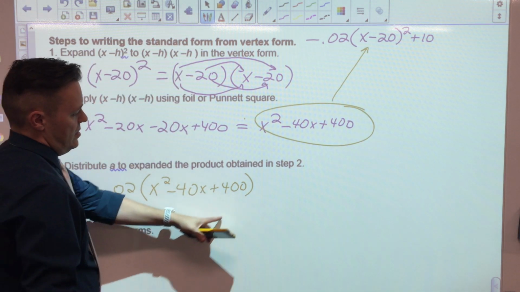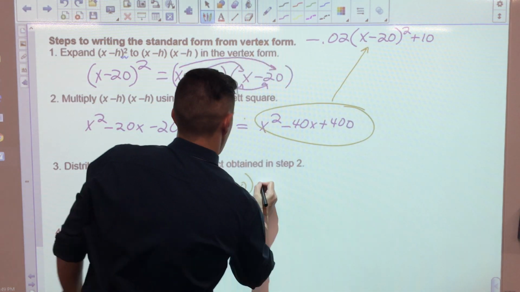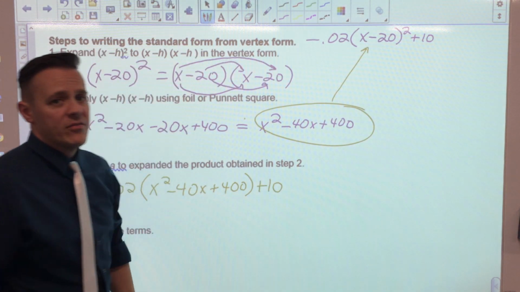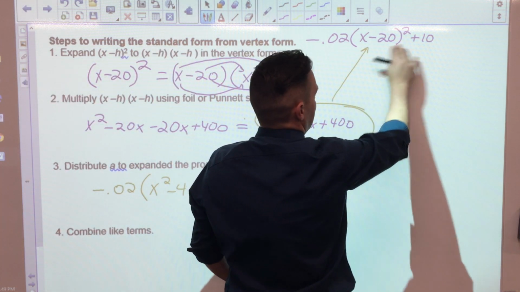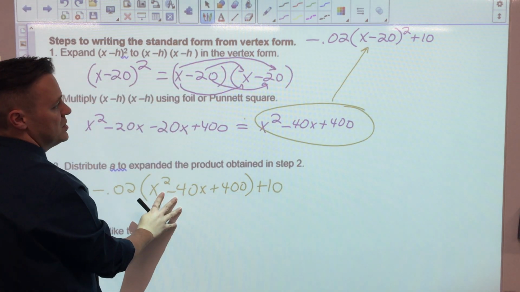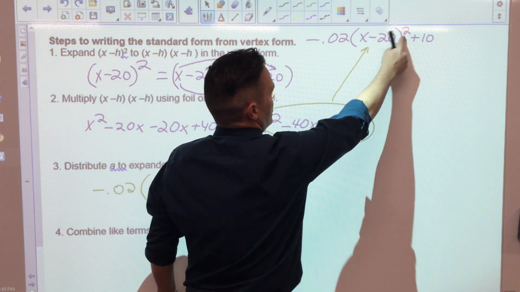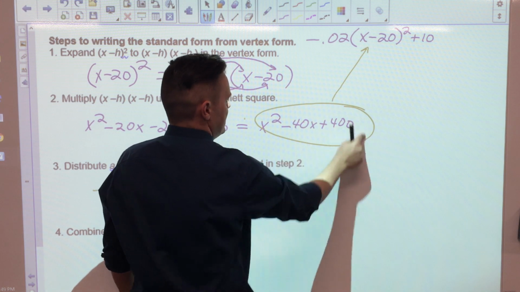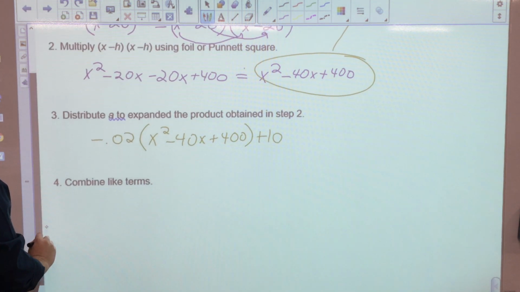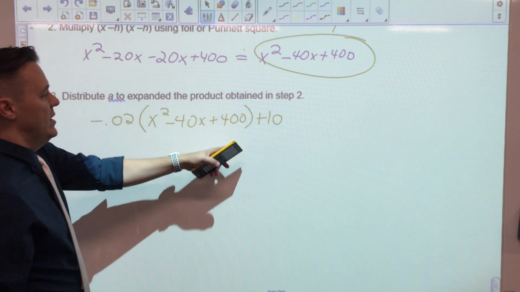Close the bracket. Then I finish it off, plus 10. I hope after all this time you guys see that, okay? I'm taking this equation that I've carried through, and instead of writing (x minus 20) squared, I'm going to write what we found it to be in the standard form. Now, I'm going to drop this down, you solve it.